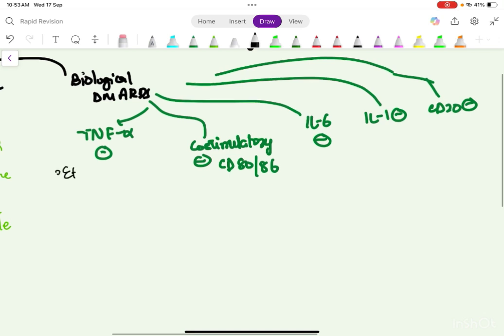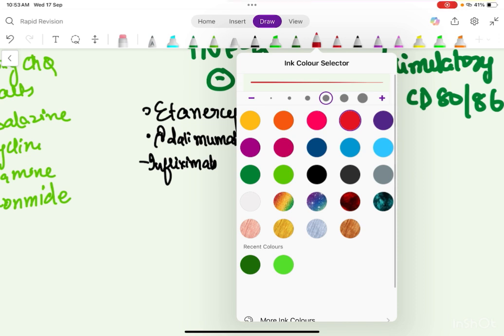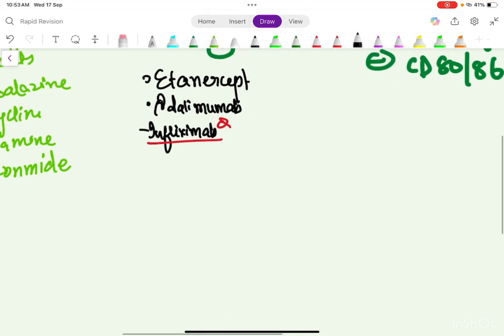First you have etanercept. Now there's this very important drug which is infliximab. Remember in the order I'm writing. Then you have adalimumab, then you have infliximab. There was a question once on what is used for rheumatoid arthritis, and infliximab was the answer.